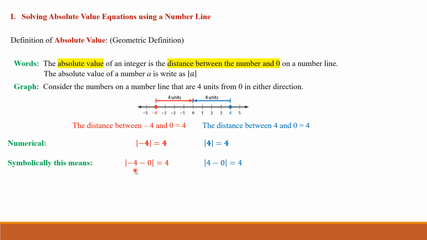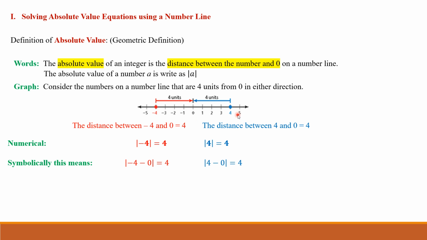Symbolically, for the absolute value of -4, we look at the difference between -4 and 0. So absolute value means the distance between them. In between the bars, we're saying what's the distance between -4 and 0, and that's 4. And for +4, the distance between +4 and 0 is equal to 4. So the graph shows 0 as the center point, and looking at 4 units away from 0 in either direction, and describing it in words, the distance between -4 and 0 is 4.